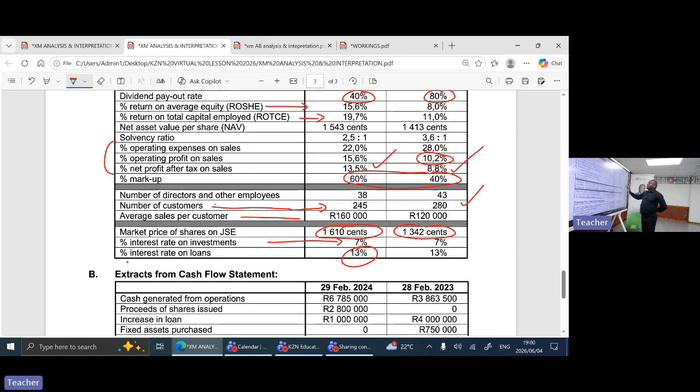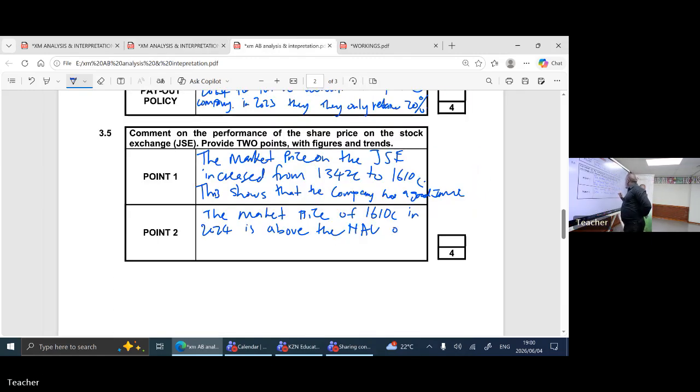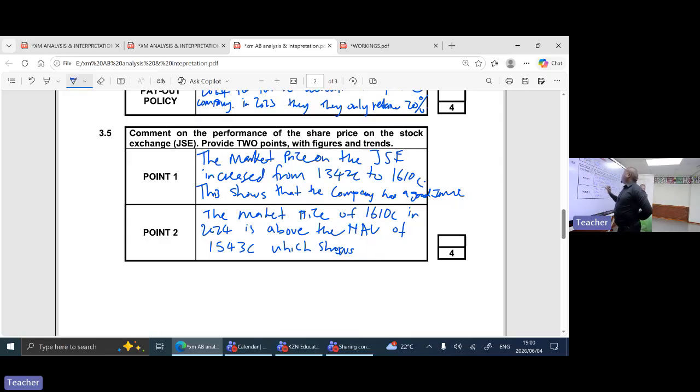It's above our NAV of 1,543 cents, which shows good demand of our shares.